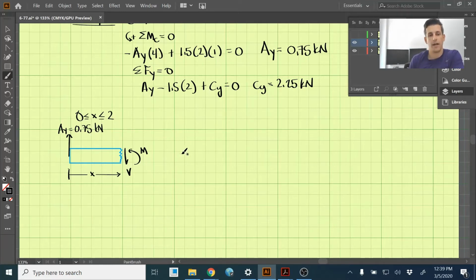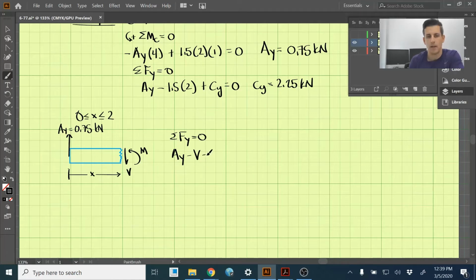So let's do the sum of the forces in the y direction and set those equal to 0. We have AY up, and then we have V, our shear, pointed down. Remember that our positive sign convention for shear, when we cut it this way, is pointed downward.